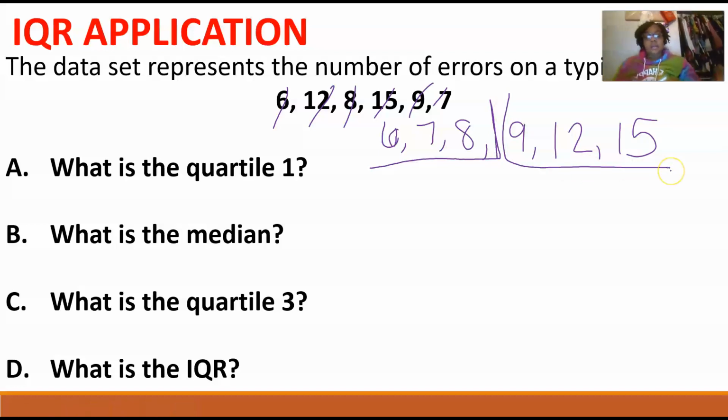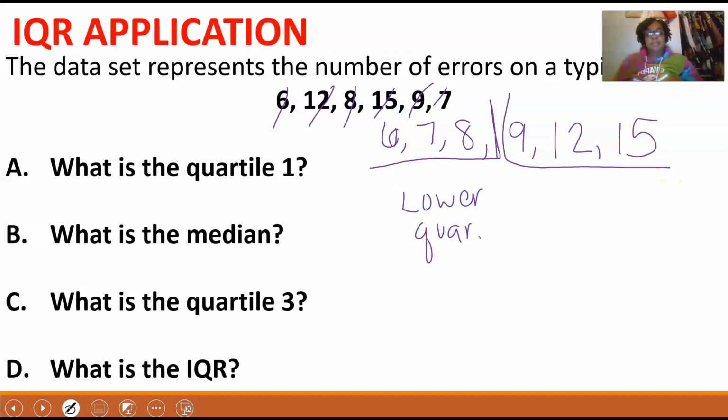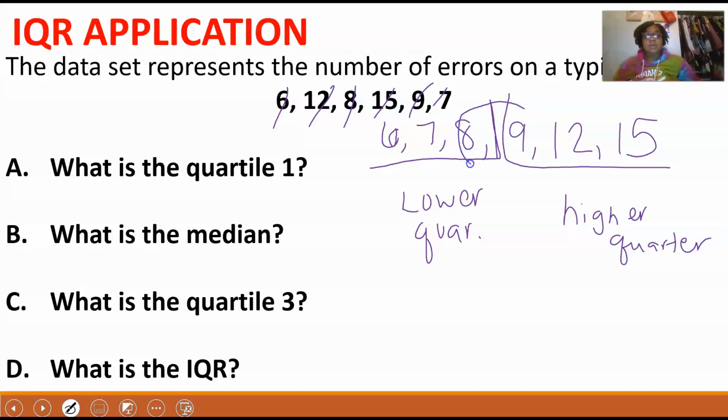The first set will be your lower quartile, and this is your higher quartile, better known as quartile 1 and quartile 3. Quartile 2 is your actual median.